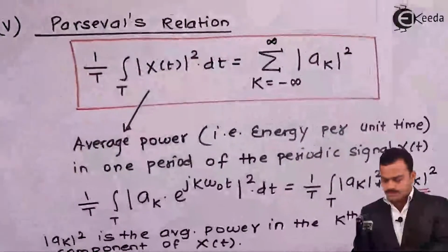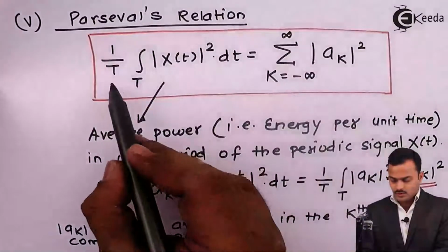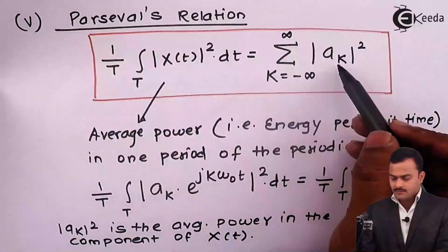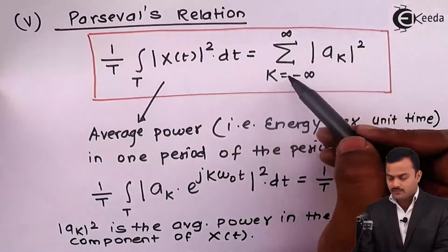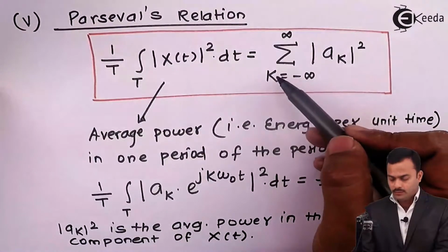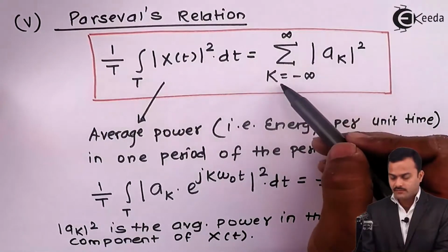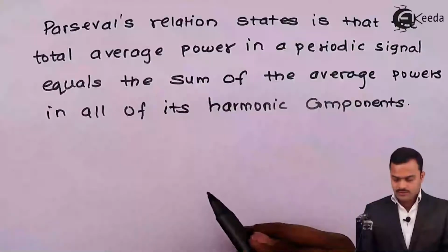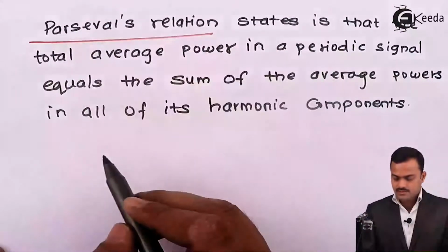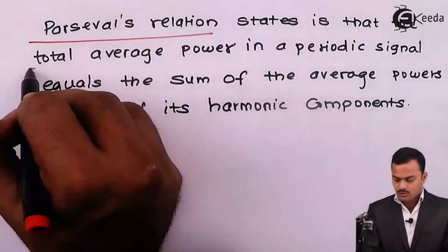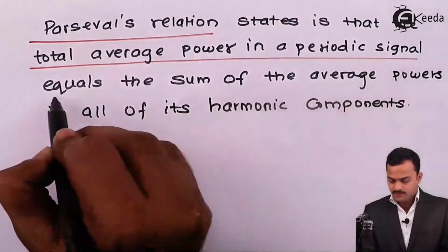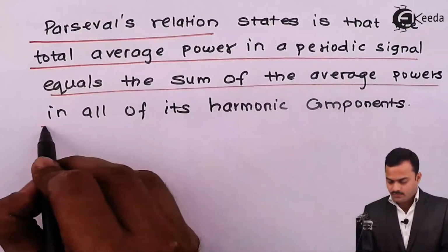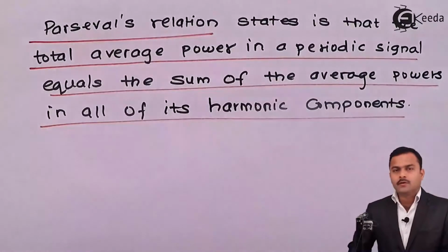That's what it is stating. This is nothing but the total average power, and this is nothing but the average power of an individual harmonic component, and that component we select by selecting the value of k from minus infinity to infinity. So it's a very important relationship, giving the total average power of the periodic signal in terms of the average power of its harmonic components.